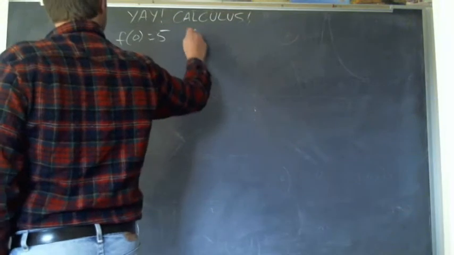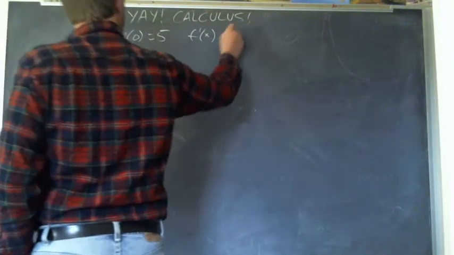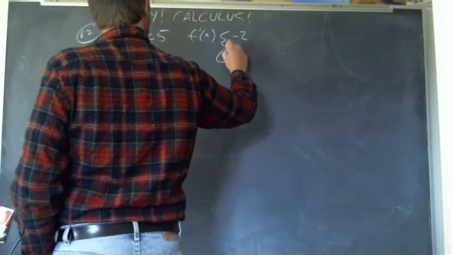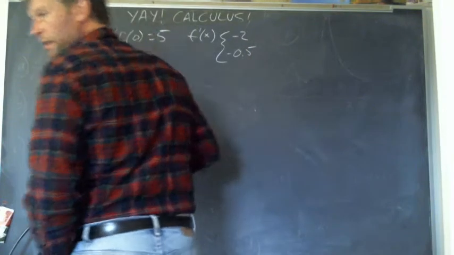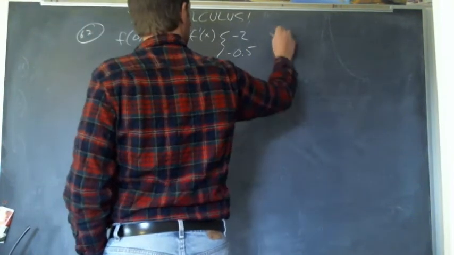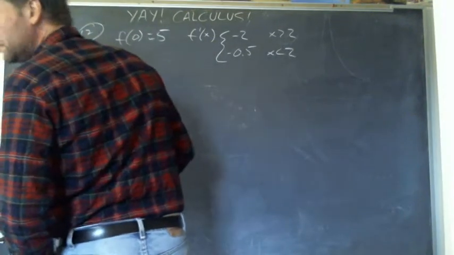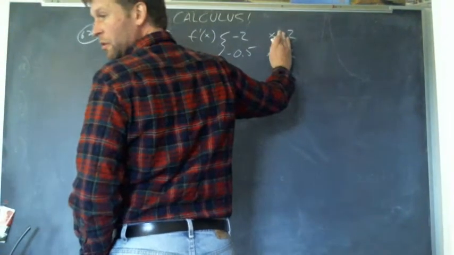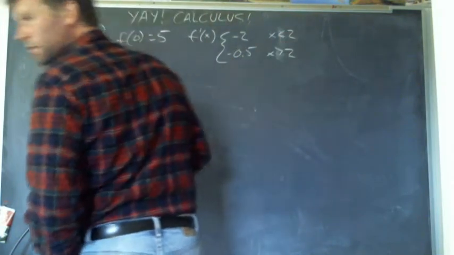And our derivative function, which will tell us the slope, is in two parts, -2 and -0.5. And that is when x is less than 2 and x is greater than 2. I have those backwards.